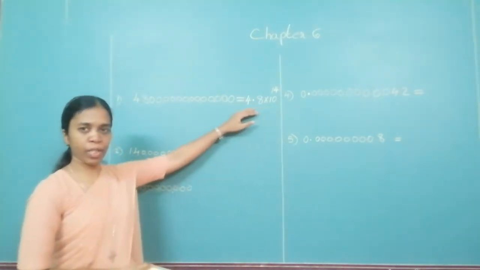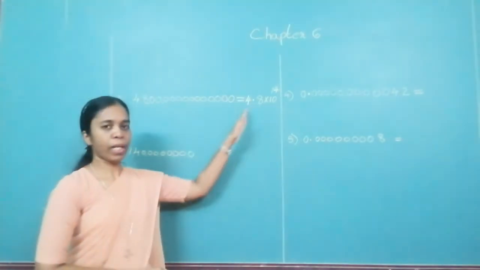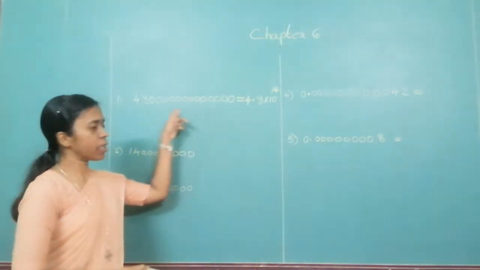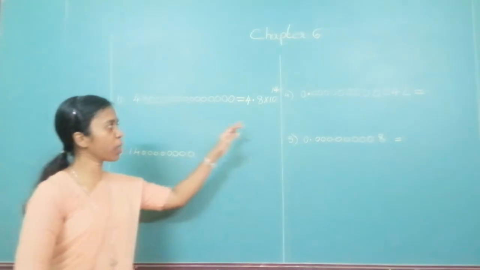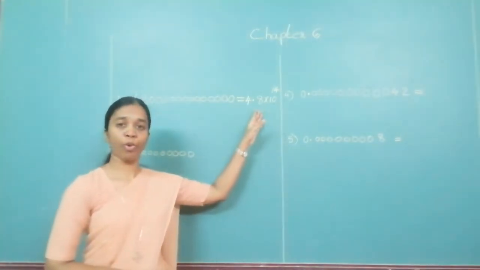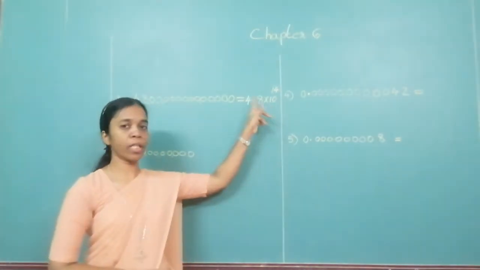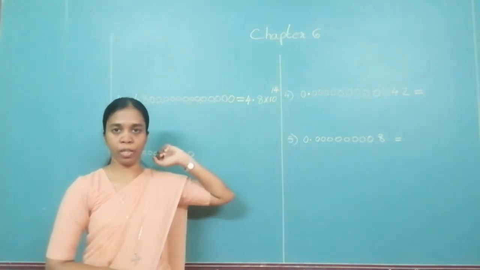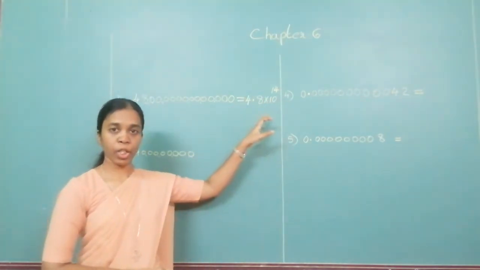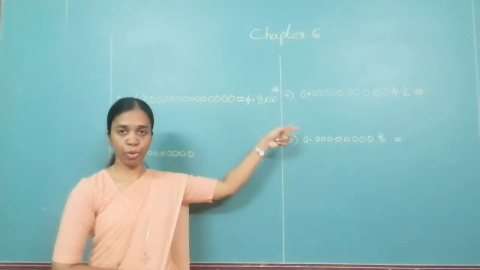This is the standard form. When you multiply, you get this answer back. That is the meaning of it. So now I can say it as 4.8 into 10 raised to 14.